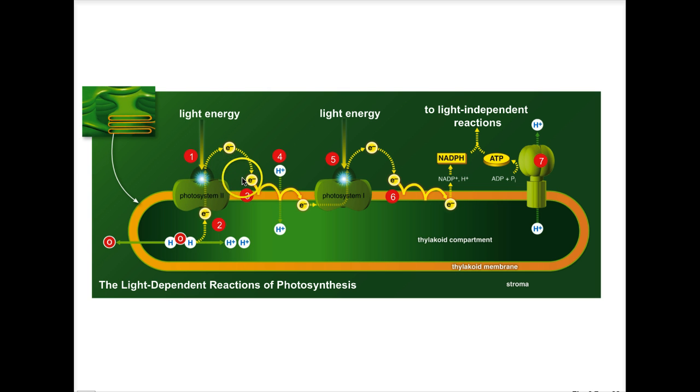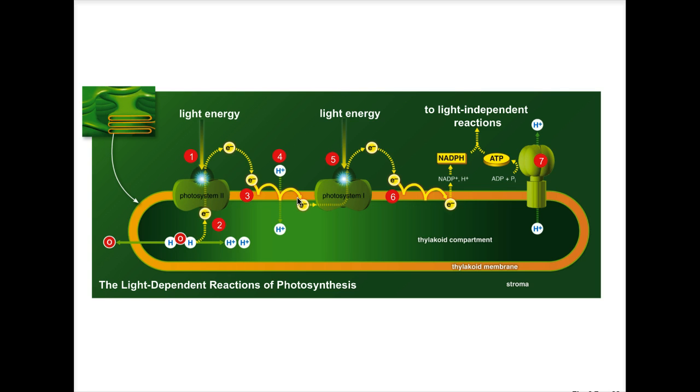So those electrons, in essence, are passed from one molecule to the next within the thylakoid membrane. And as they are passed, energy is lost from the electrons. So notice the steps are getting lower. The energy is being lost from the electrons, but it's not lost and wasted. As the energy is being lost from the electrons, it is used to move hydrogen ions.